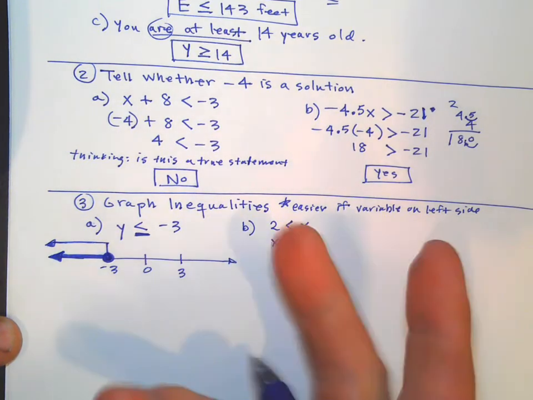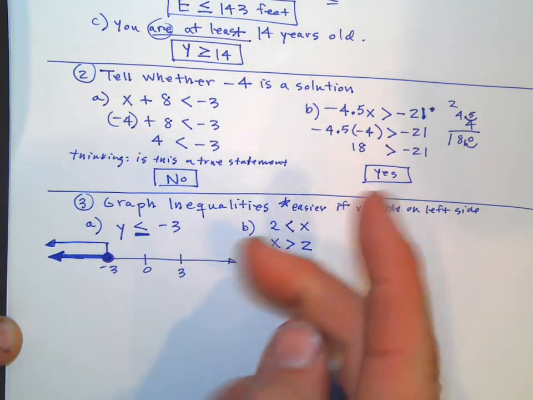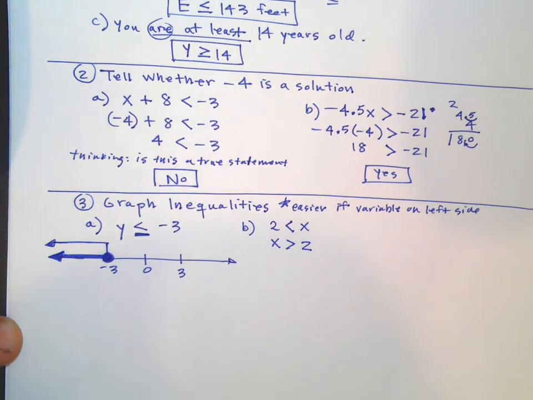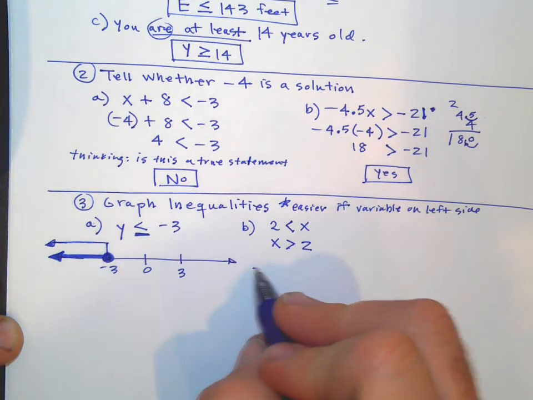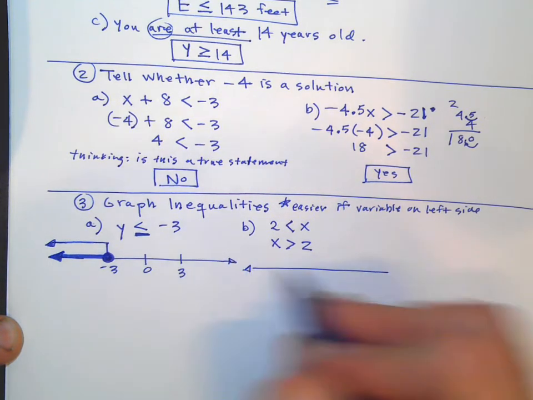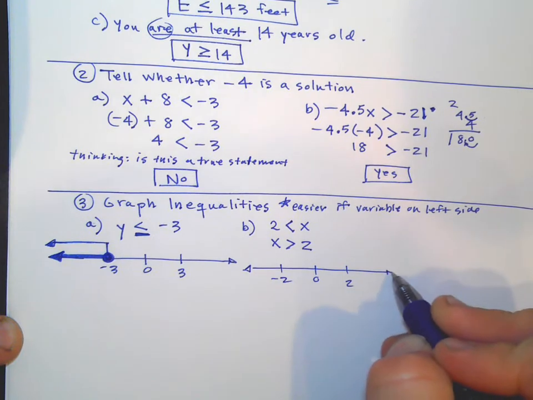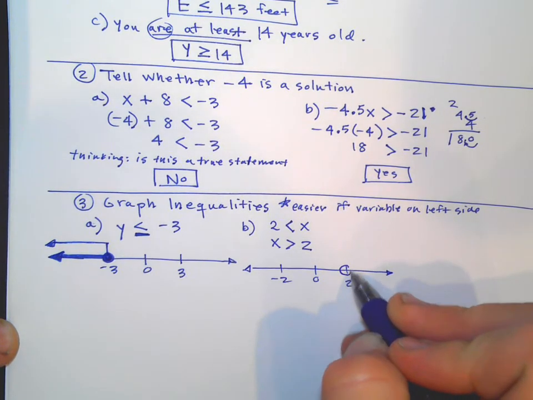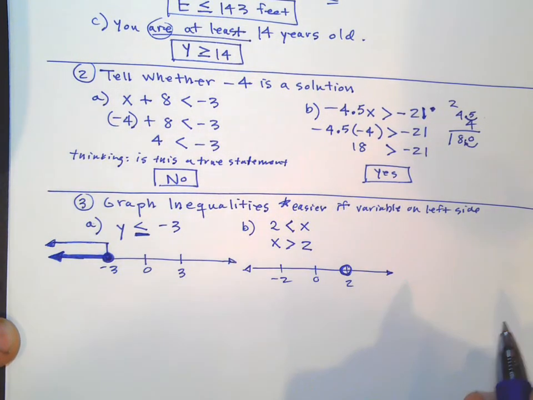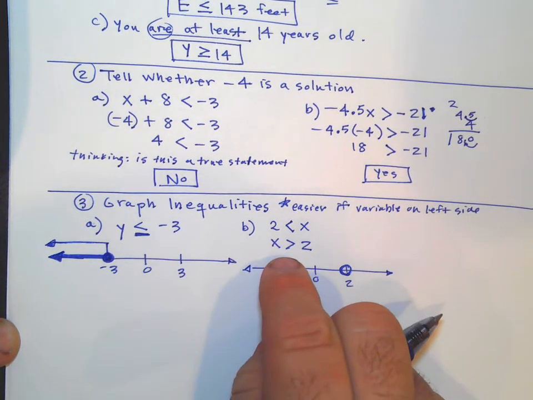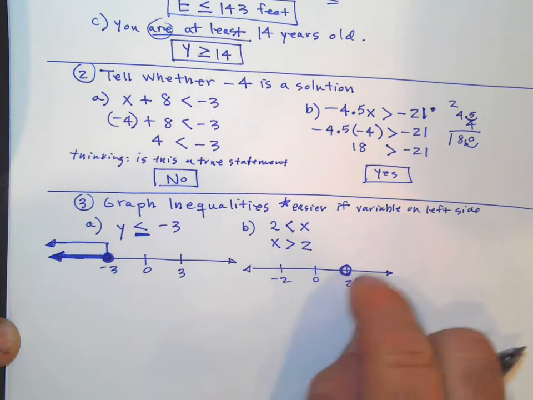And you can flip it around, but the symbol has to get flipped too. So whatever it's opening up towards, it still needs to open up towards that. And so then I would say, okay, 0, 2, negative 2. I'm going to put a dot at 2, but an open dot because we can't use 2 as the answer. It has to be greater than 2. It can't be equal to 2. So this is just kind of an edge of where my answers are.